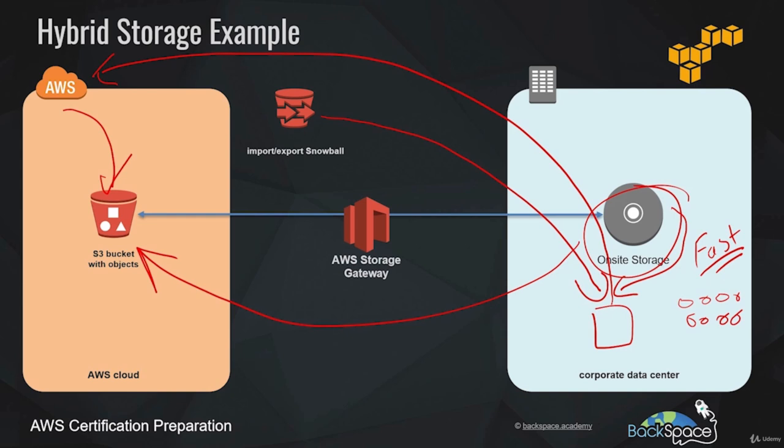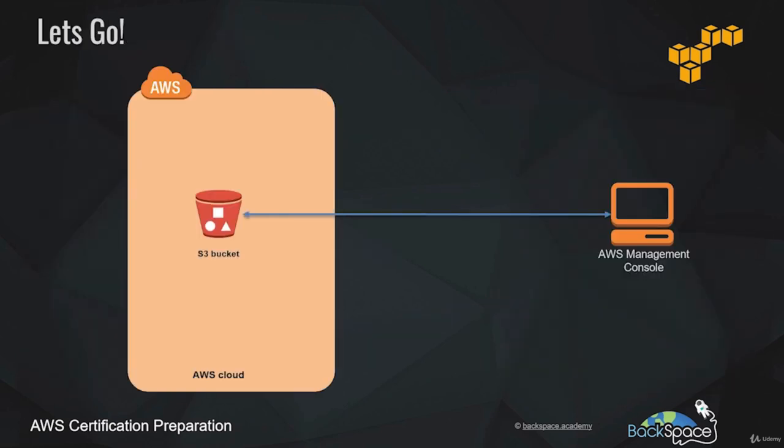Let's have a go at using the Amazon S3 service. What we're going to do now is use the AWS Management Console to connect into the AWS cloud. Then we're going to create an Amazon S3 bucket, upload files to that bucket, and then download files from that bucket.